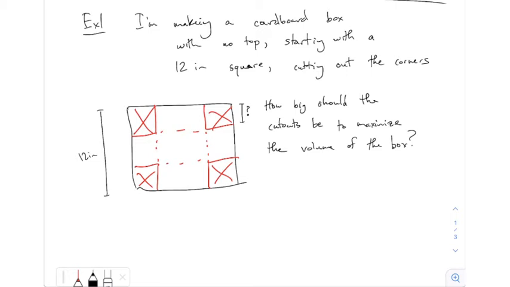But if you cut out a huge amount, if you make these really big, then the sides of the box will be taller, but the box itself will be narrower once you fold it up. And so again, you won't get much volume when you make these things really big. So I guess somewhere in the middle, there is a specific length here which gives you the most volume. That's what we're looking for.